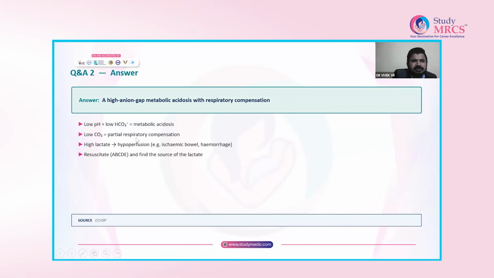So low pH, low bicarbonate, that is a metabolic acidosis. CO2 is low, so that is respiratory compensation. The higher lactate level means the patient has hypoperfusion. It could be hemorrhagic shock or some ischemic bowel. So you have to resuscitate according to ABCDE and find the source of the lactate.